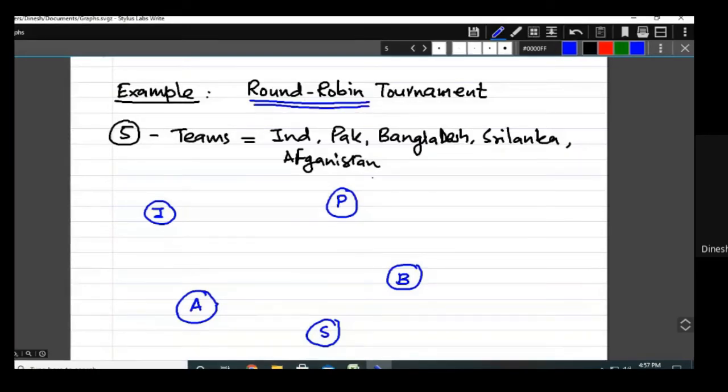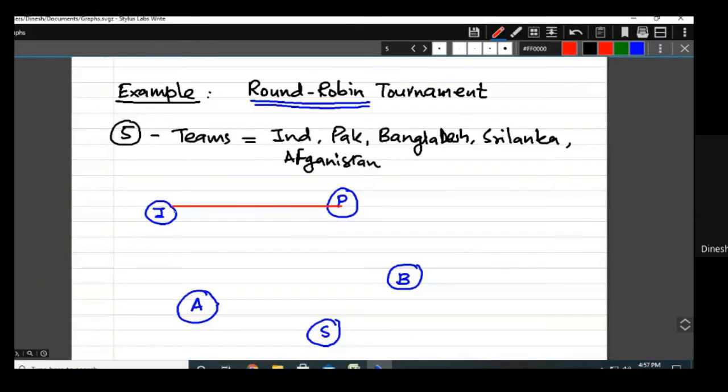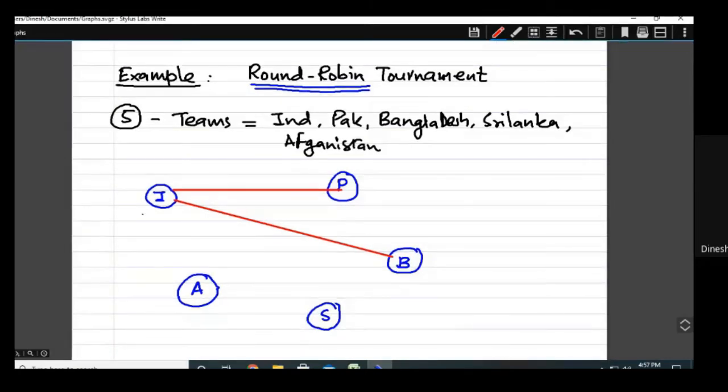Now, since the tournament is round robin, what do you mean by round robin? Each team plays a match with each other team. So, for example, India will play a match with, let's say, Pakistan. Good. Then India will play with Bangladesh.